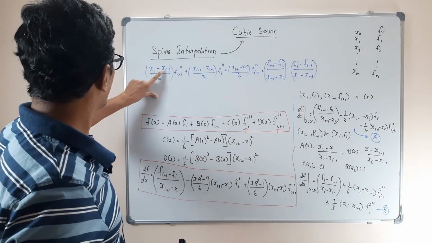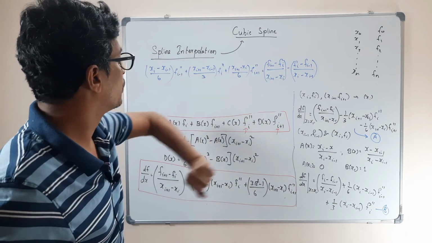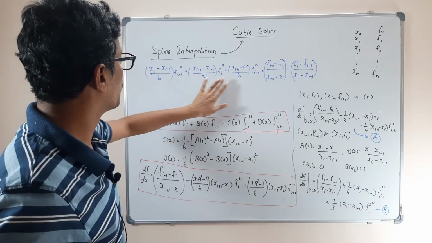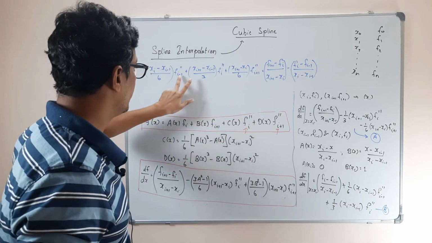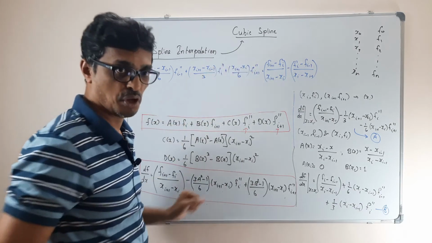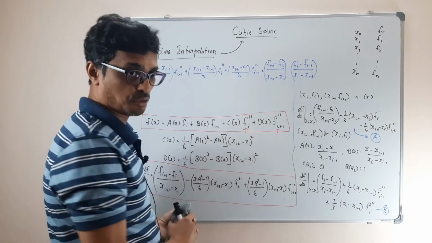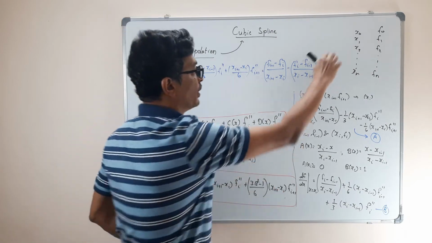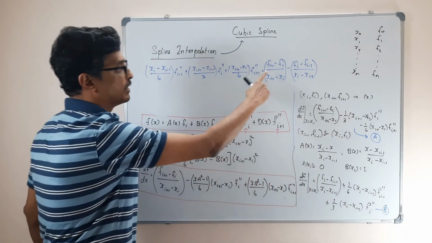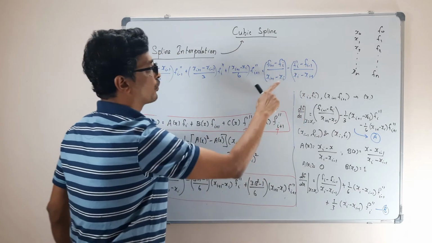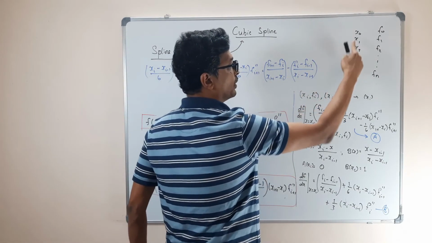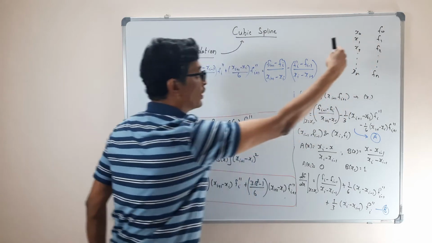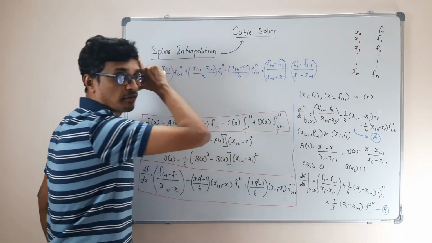So we know all the xi's and fi's, everything is known. So this gives you a system of linear equations in the second derivatives, and we can solve this. Basically it connects 3 points, i minus 1, i and i plus 1. Every 3 points will be connected, and connecting all three points, we can write down the equation.